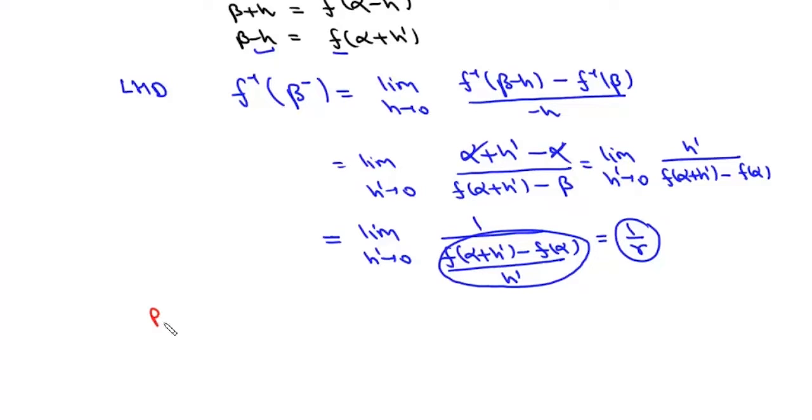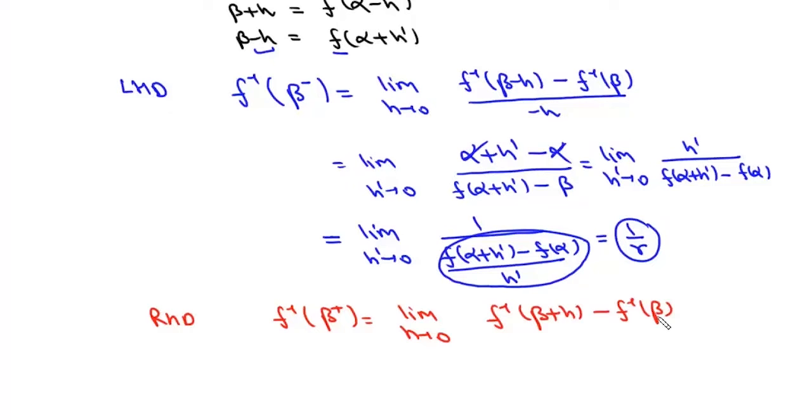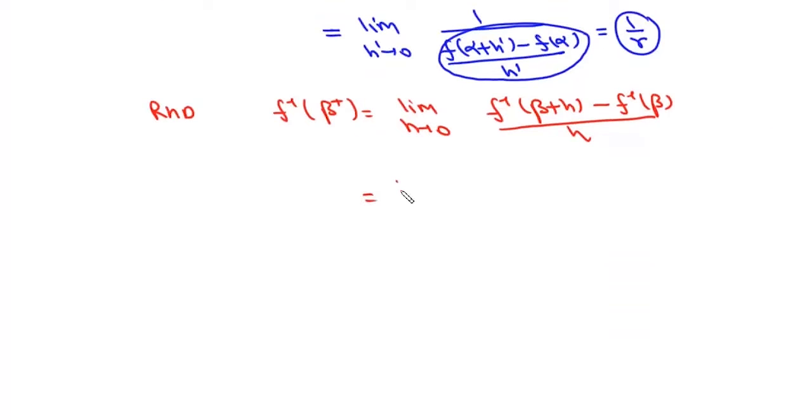Now we can write its right hand derivative as f inverse beta positive, and this is limit h tends to 0, f inverse beta plus h minus f inverse beta upon h. Now f inverse beta plus h is alpha minus h dash. So it will be this limit, h dash tends to 0, and this is alpha minus h dash, and f inverse beta is alpha.